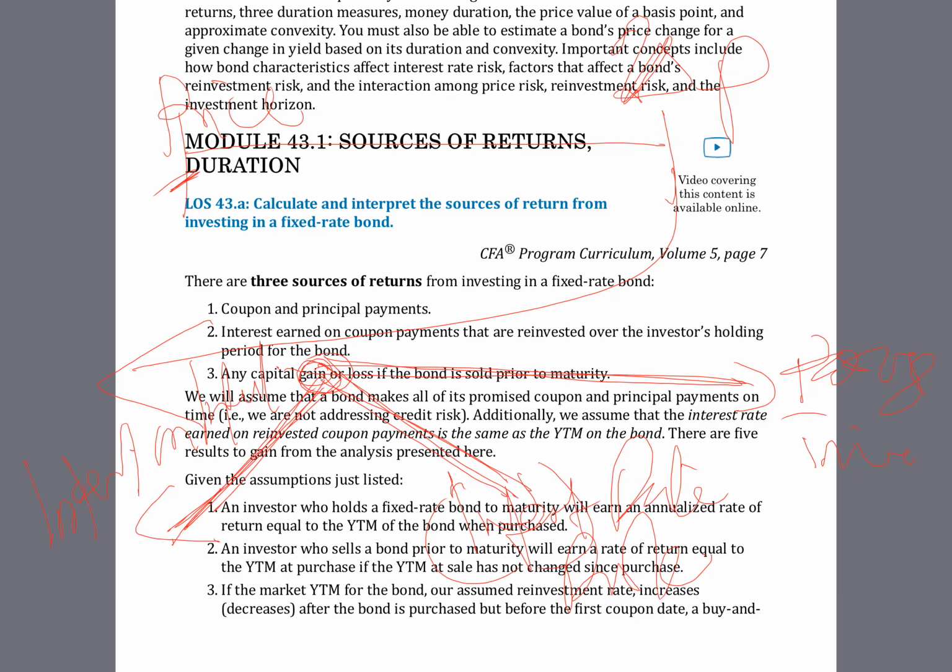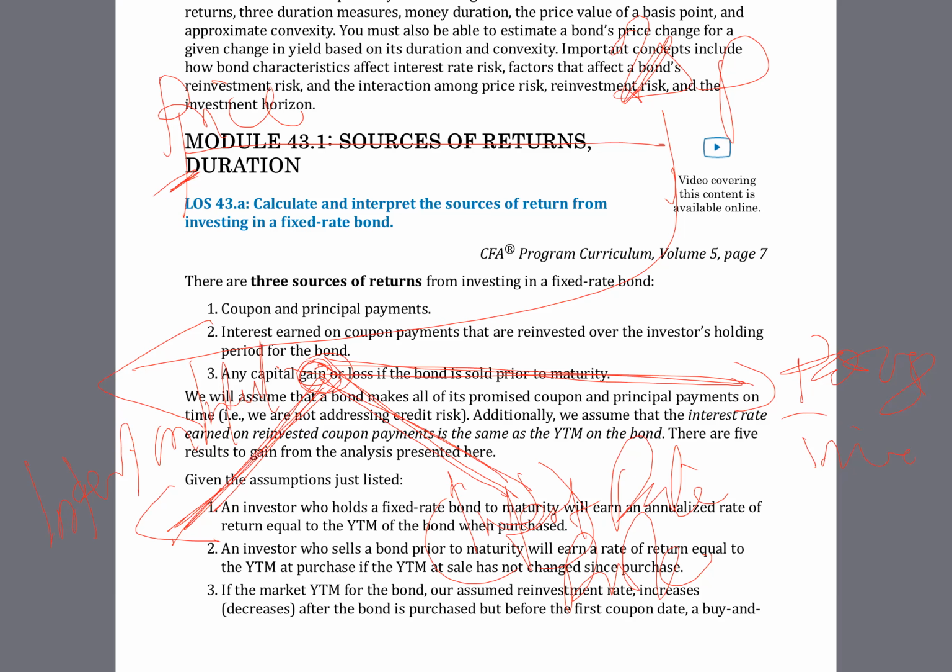Yes, please. Then the second one says that an investor who sells a bond prior to maturity will earn a rate of return equal to the yield to maturity at purchase if the yield to maturity has not changed. So if the yield to maturity remains constant, if you sell the bond prior to maturity, your annualized return will still be your yield to maturity.